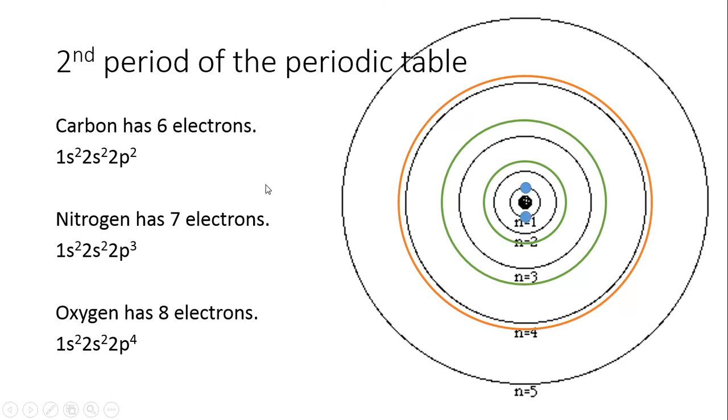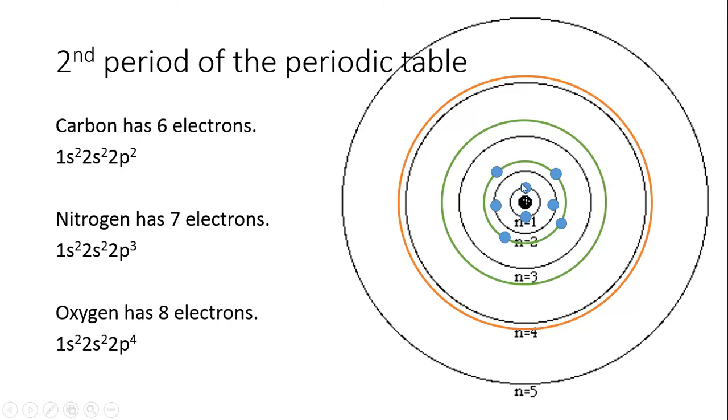Again, we start from the lowest energy and we fill outward until we have a total of 6 electrons. So that's 1s2, 2s2, 2p2. Nitrogen has 7, so that's 1s2, 2s2, 2p3.